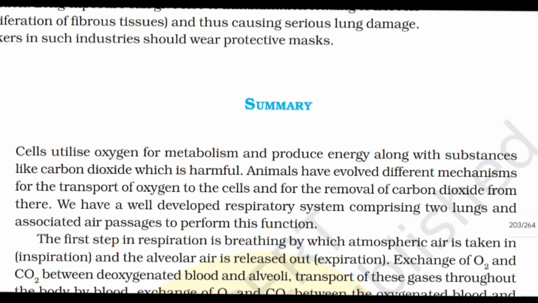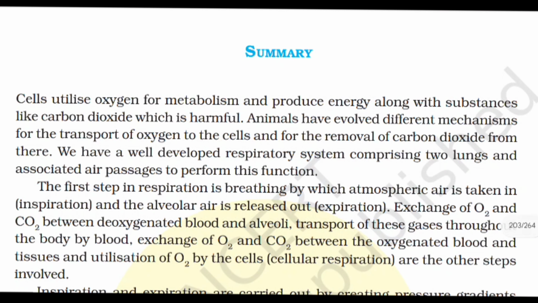Summary. Cells utilize oxygen for metabolism and produce energy along with substances like carbon dioxide, which is harmful. Animals have evolved different mechanisms for the transport of oxygen to the cells and for the removal of carbon dioxide from there. We have a well developed respiratory system comprising two lungs and associated air passages to perform this function.